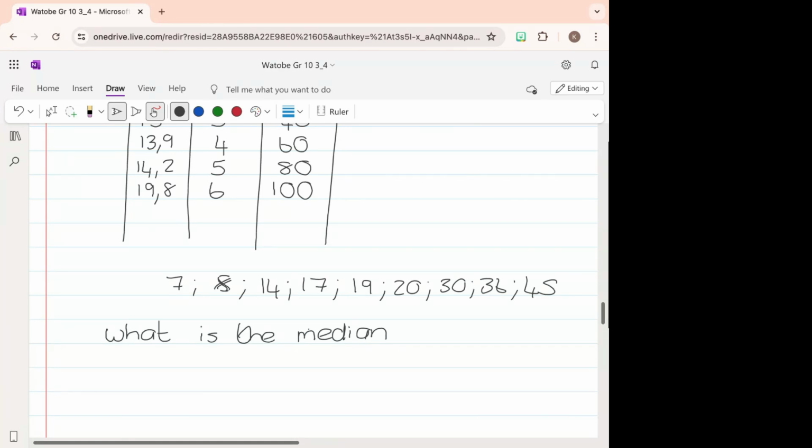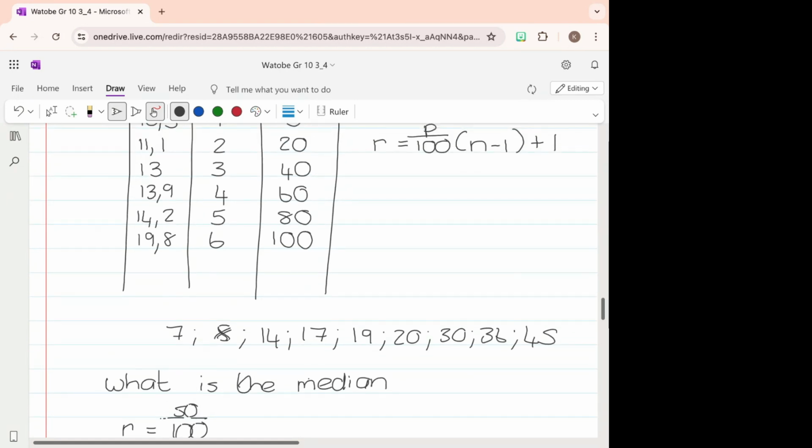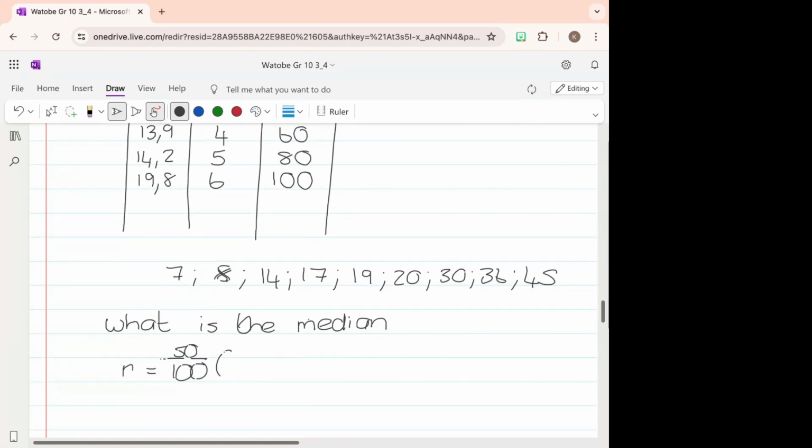Could we say, all right, I want to know what the rank is. I know that for the rank, the median is the 50th percentile, hey? So halfway. So 50 over 100. So we're using our new formula. N is the total number of the data, guys. So I've got 1, 2, 3, 4, 5, 6, 7, 8, 9.